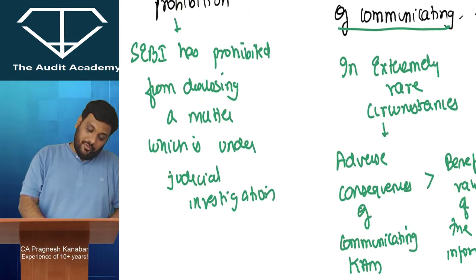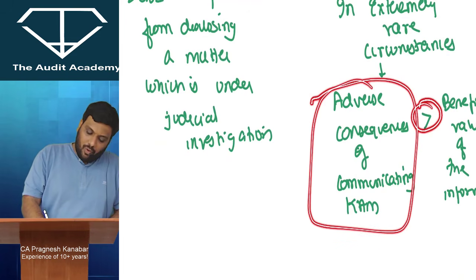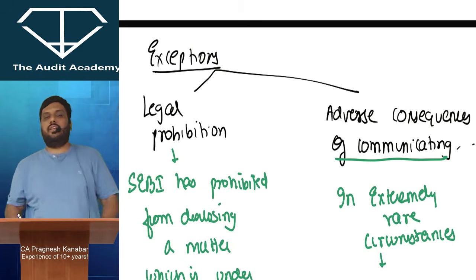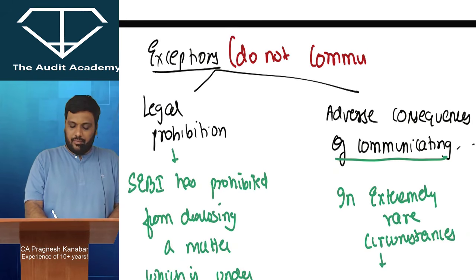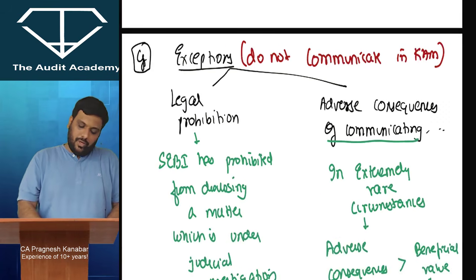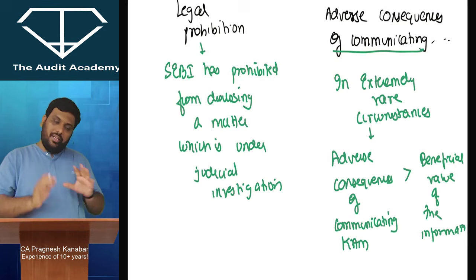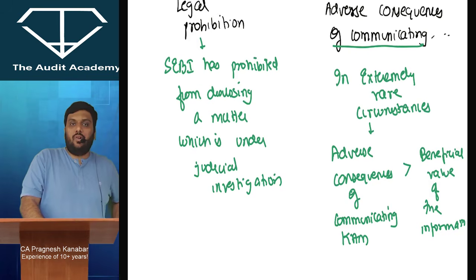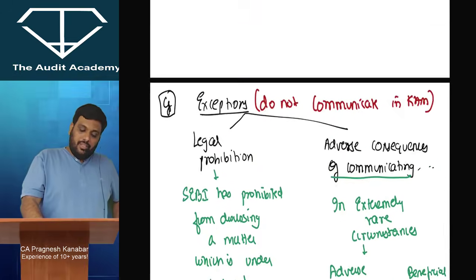If you think that adverse consequences of communicating a key audit matter will be more than the beneficial value of the information, then you will not communicate it in key audit matter. That will be an exception. But don't worry, this cannot really be set as a proper question. Even if they set it, they will give you the hint that adverse consequences are more than the beneficial value of the information. Then you can decide not to communicate it in key audit matter, in fact, not to communicate that matter anywhere in the audit report. So these are the points for key audit matters.